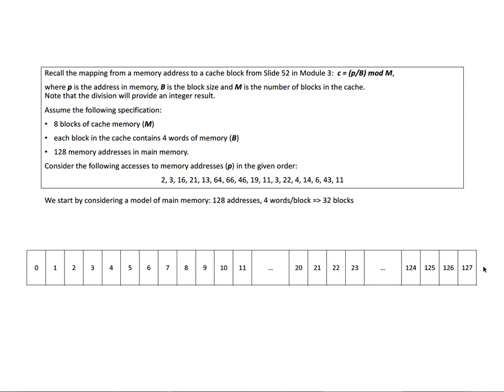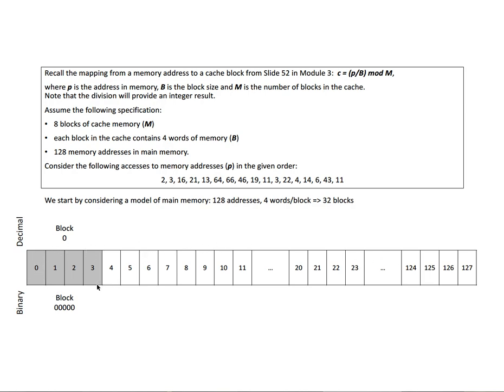And this comes back to the idea of spatial locality, where if we're going to access a particular memory address, there's a good chance that we want to access other memory addresses that are close to it in the near future. So we identify a block of memory in main memory, and in this case we're saying our block size is 4.